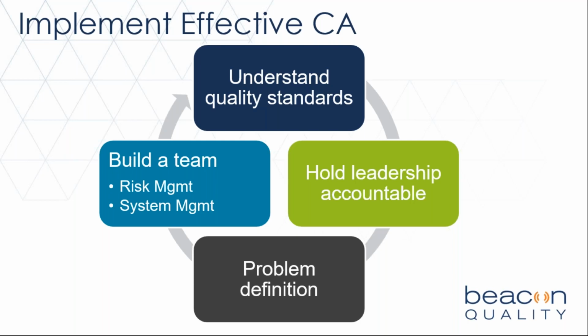Not working? Somebody is making a check. They're doing layered process audits to make sure that it's there or it's not there. I will not go into the problem definition again, because I already explained it earlier. The problem definition is most important to have a very effective corrective action which can be implemented.